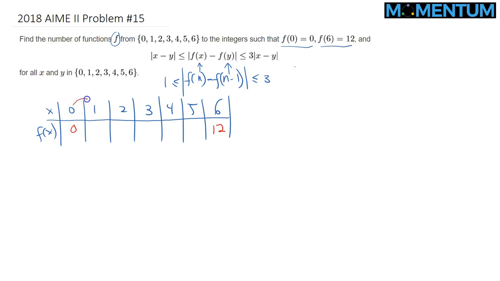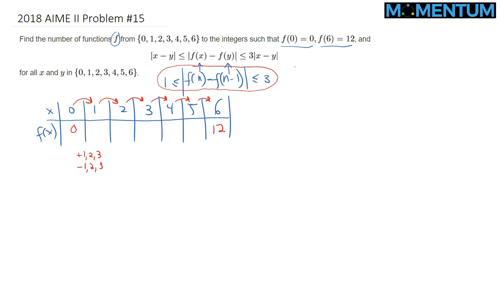As I move from 0 to 1, I'm told that my functional values in absolute value will range between 1 and 3. The meaning of this is they can either increase, as you move from one to the other, by plus 1, plus 2, plus 3, or they can decrease by minus 1, minus 2, minus 3. Does that make sense? At each step as I move in that direction.